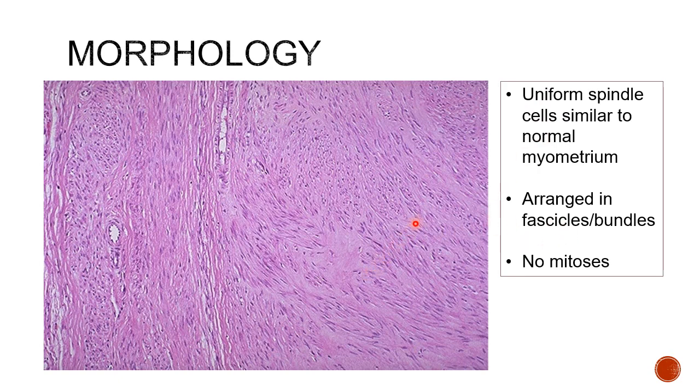They are arranged in fascicles or bundles, so you can see several of these cells are streamed along the same way, and they intersect with each other. So one fascicle goes that way, another fascicle goes this way. So that explains the whorled cut face that you see on gross examination of the leiomyoma. And another feature is that they will typically lack mitosis because this is a benign tumor with very low proliferative activity.